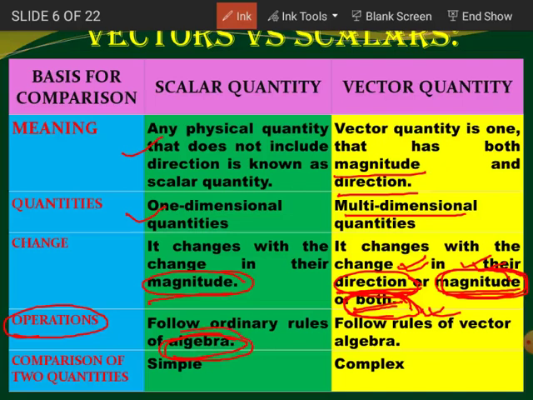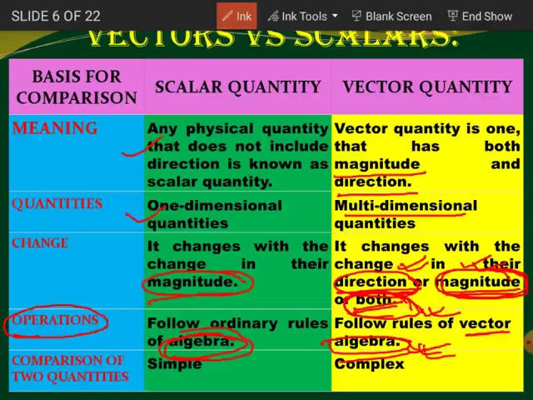Now in the case of a vector quantity, it doesn't follow simple algebra, rather it will follow vector algebra. In the case of vector quantities, we will not follow the simple algebra of multiplication, division, addition, subtraction, rather we will have to follow vector algebra. What is this vector algebra?